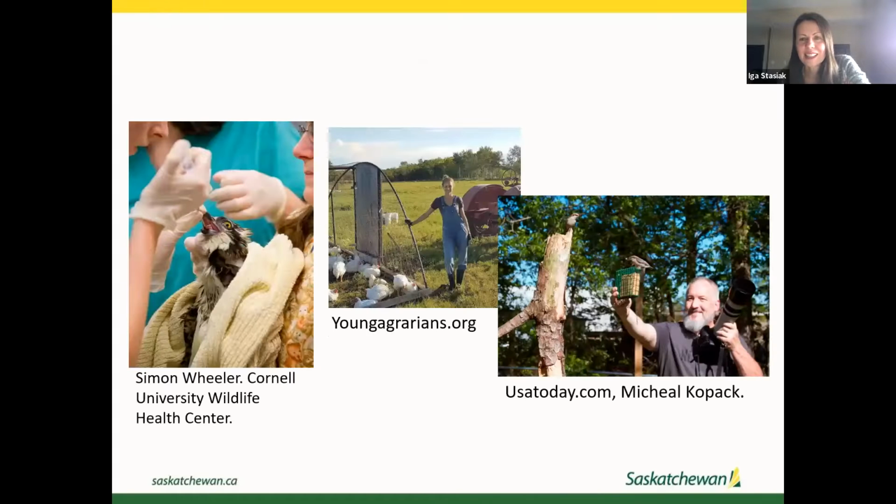And again, we're going to look at a few different groups of people who might be impacted here. So again, this idea that, at the end of the day, we're managing humans as much as we're managing wildlife. So we've got the wildlife rehabilitator who's potentially handling infected birds coming in through the rehab center. We have the backyard poultry producer, or maybe a commercial poultry producer whose income is relying on these birds, or maybe as a form of recreation, now potentially looking at having their flock depopulated, or the general public, the backyard bird fanciers.